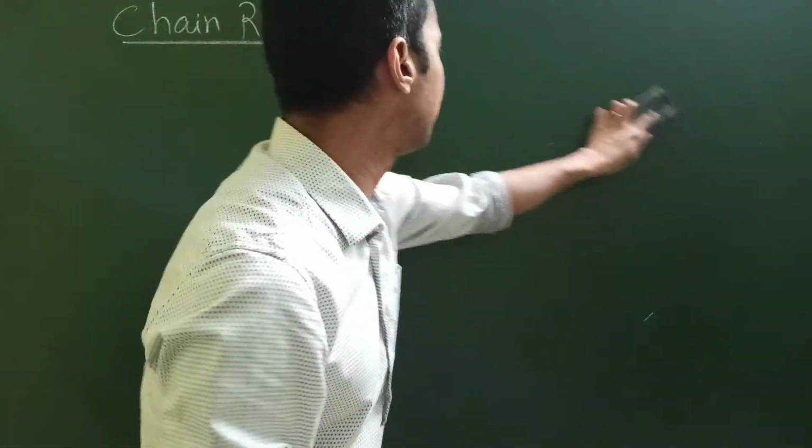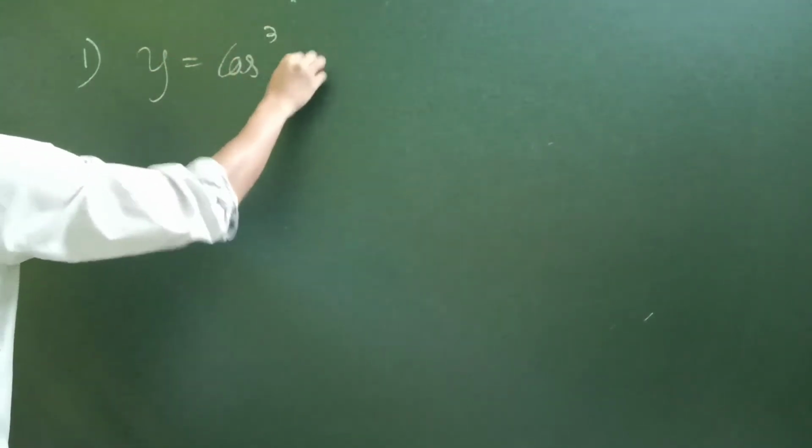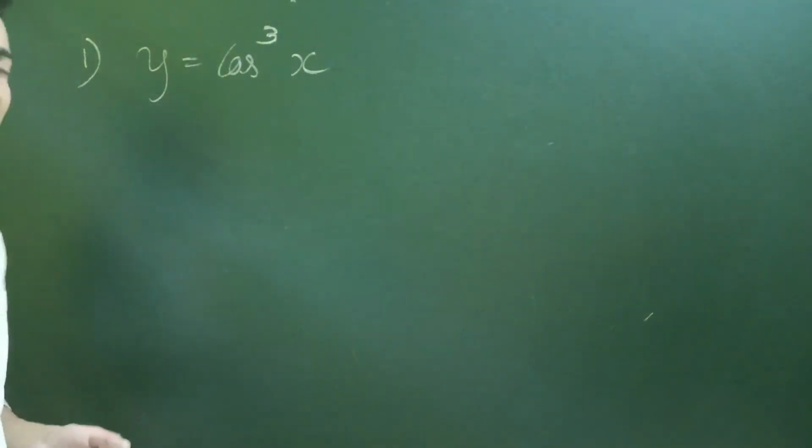Now let's see exactly, with some examples, how we do it. I'll give you one example, that is cos cube x. So how do we do this? Cos cube of x. Now you will see this is a multiple function, isn't it?